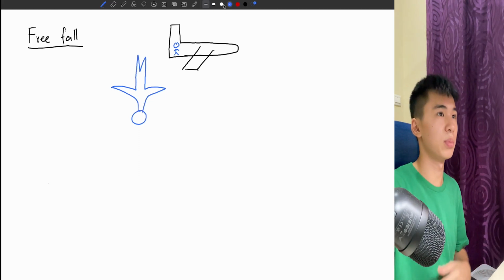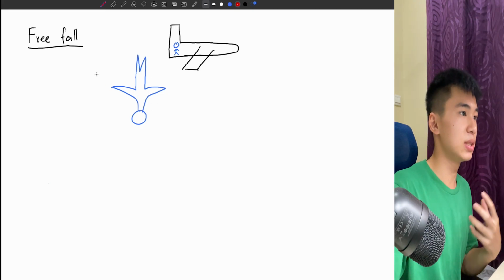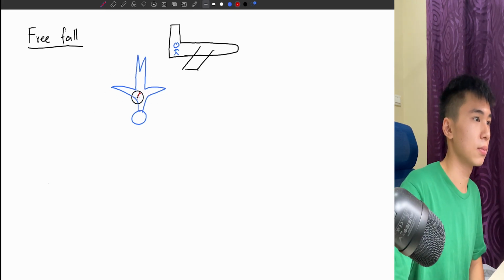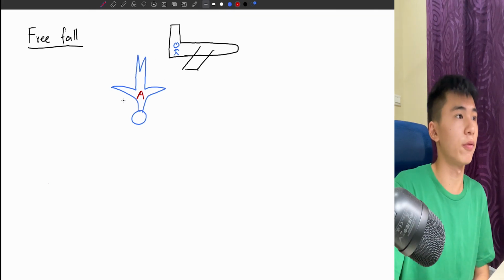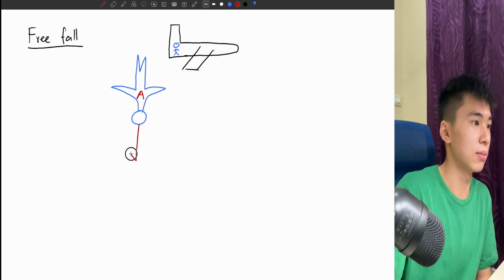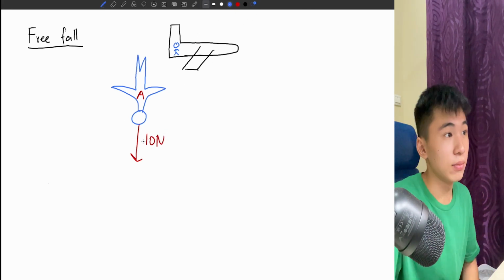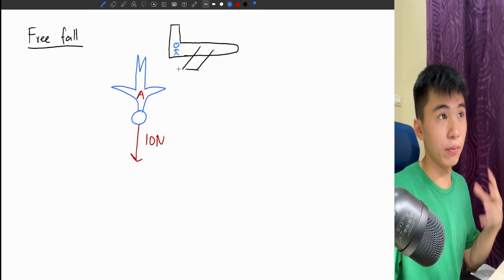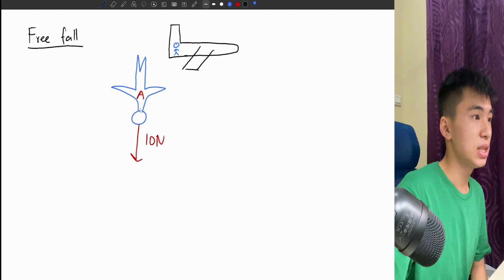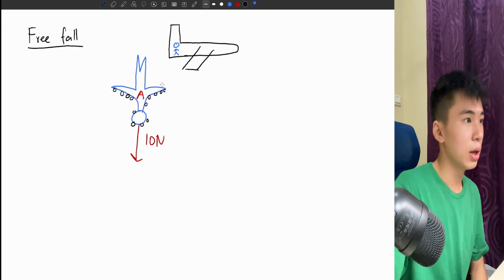So this is the person, let me just call this person A. When person A dropped from the aeroplane, it has weight in it. Let's say it has 10 newtons of weight. As this person keeps falling, they will collide with air molecules because we have a lot of air molecules in our air.